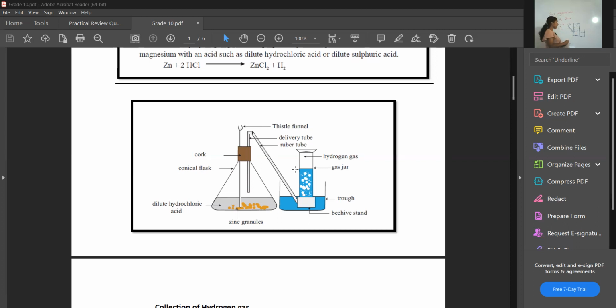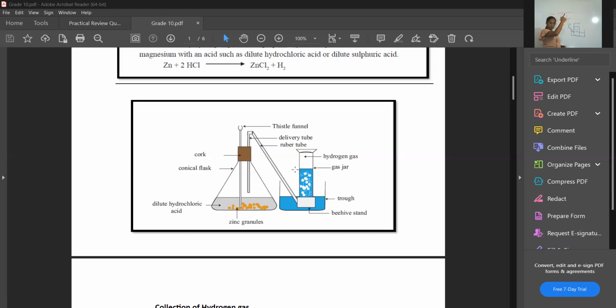So when the hydrogen gas enters the gas jar, it occupies space inside the gas jar, and then we can observe the water level in the gas jar goes down.